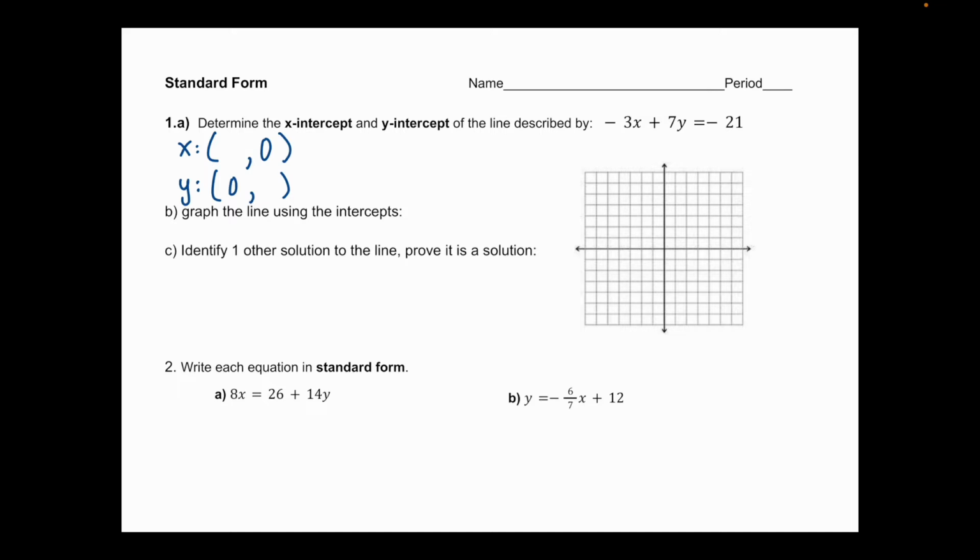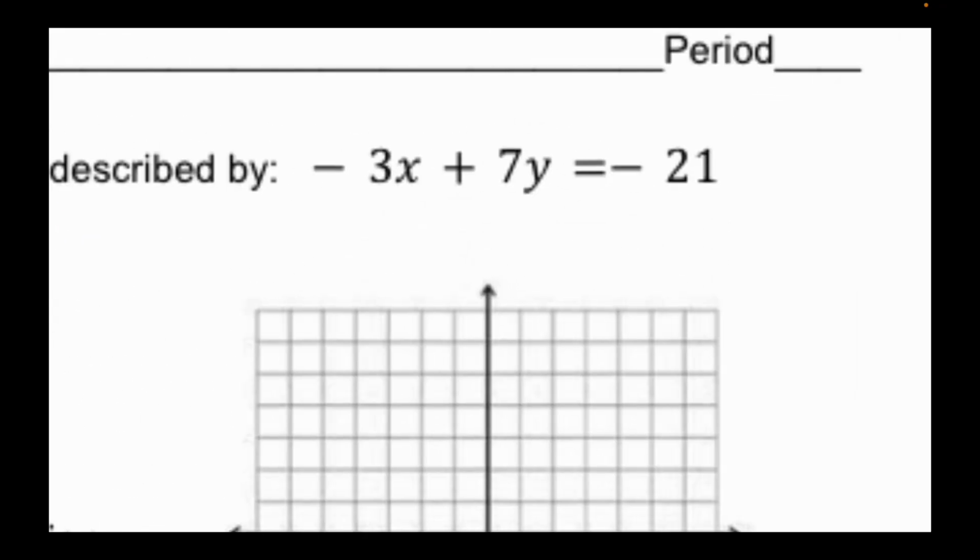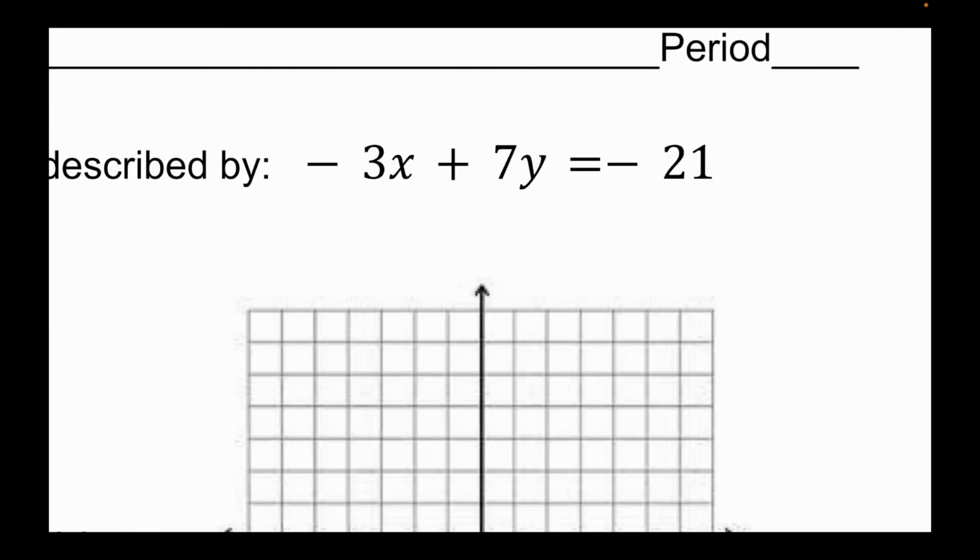Now, as we go through this, as we plug in 0, what happens if we plug in 0 here for y? So let's start with the x-intercept. If we were to plug in 0, 7 times 0 just is 0. So we would have negative 3x plus 0 equals negative 21.